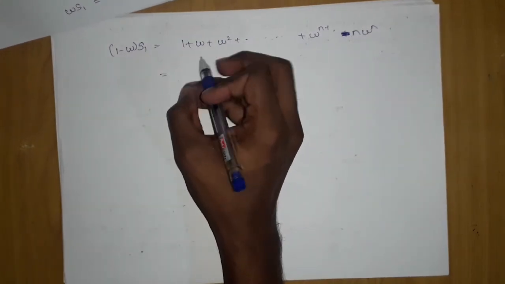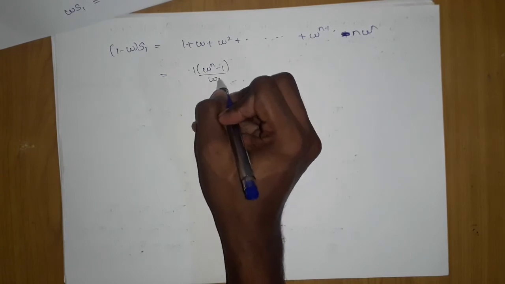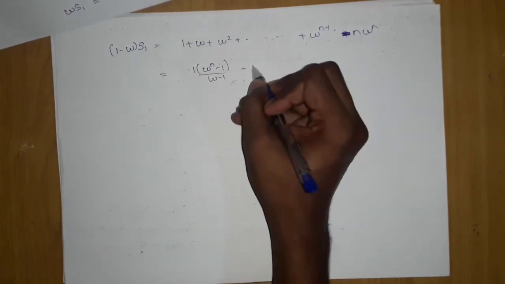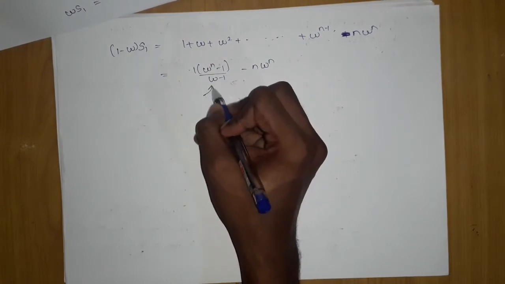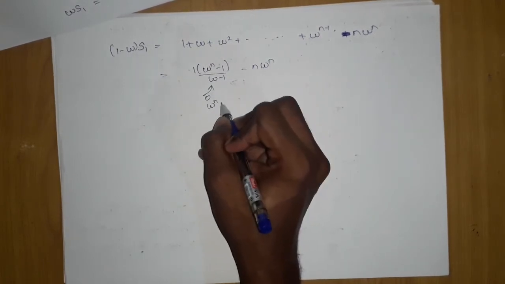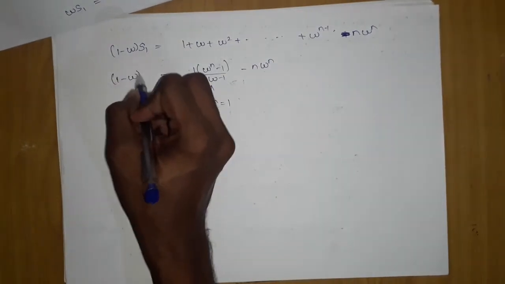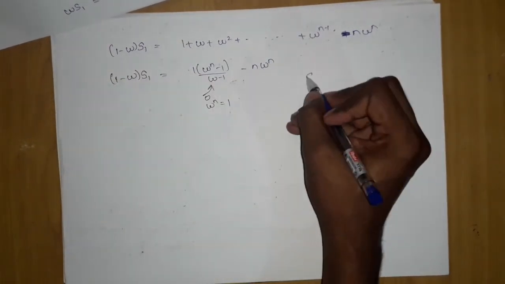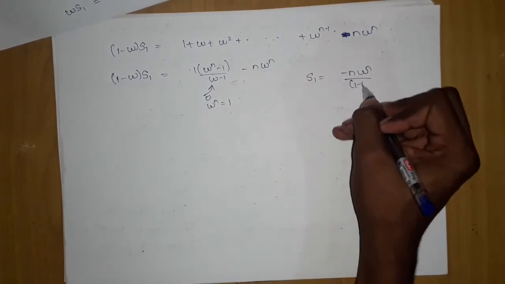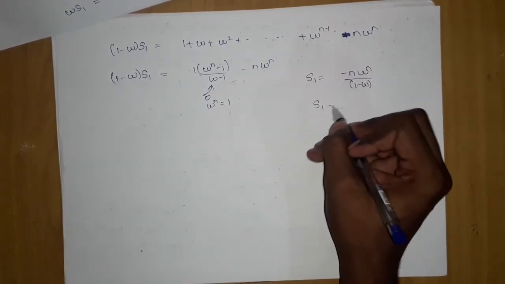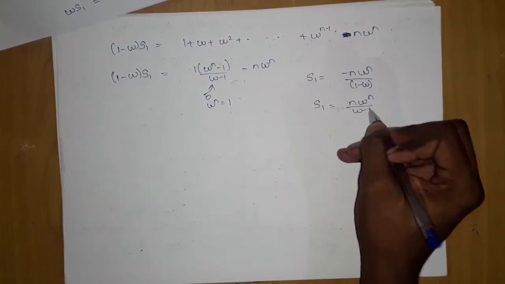After this I will take the sum of this, 1 to omega power n minus 1 upon omega minus 1 minus n into omega power n, and here you can see this will again become 0 because omega power n is equal to 1, and this will be left, and this is 1 minus omega into s1. I will move it that side, which will give me s1 is equal to minus n omega power n upon 1 minus omega, which is n omega power n upon omega minus 1.